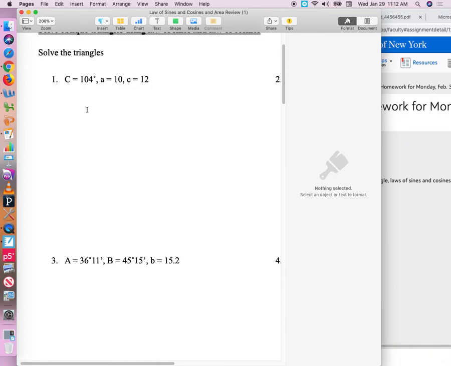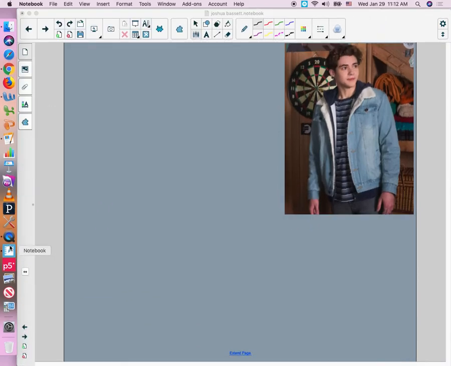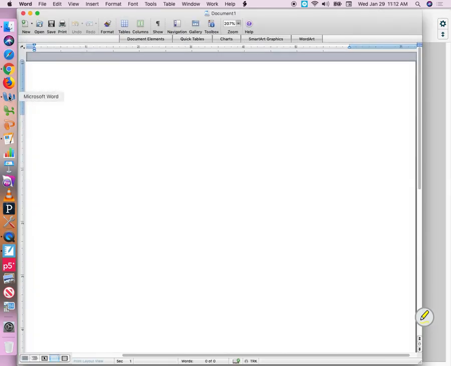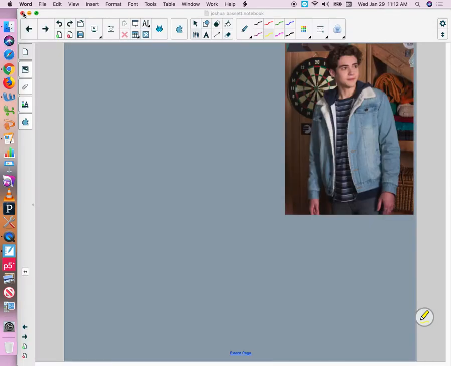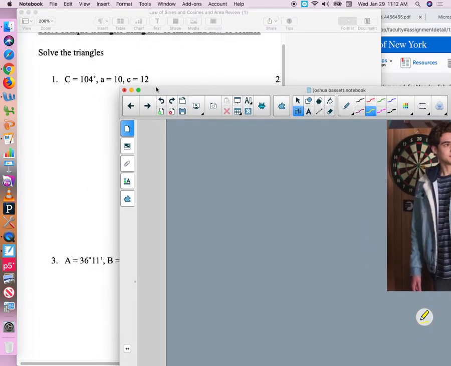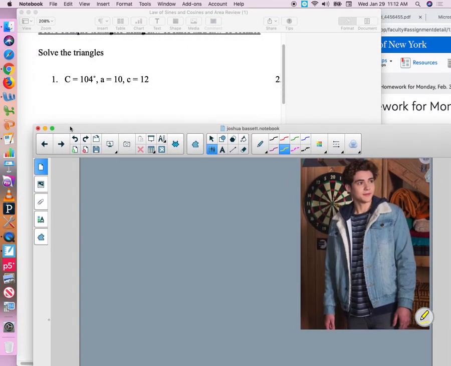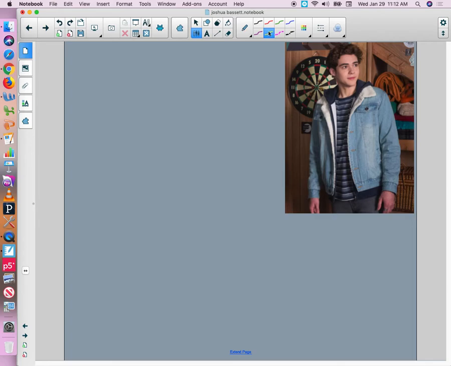This first one, I'm going to use law of sines, but on my boxes, let's see, it was 104. Oh, sorry. 104, 10, and 12. Okay. So help me remember that. C is 104. Did I give you A is 10? And C is 12? Okay.